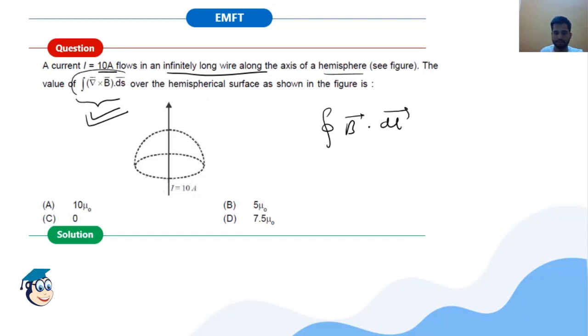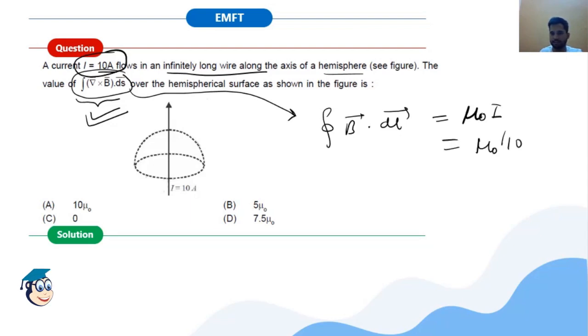The quantity asked in the question is equal to this quantity which I have written on the screen. But you know this quantity by Ampere's law is equal to mu naught times current enclosed, and current enclosed is 10 amperes. So it is nothing but mu naught times 10. So actually you can write it as 10 mu naught, and option A exactly matches this solution.